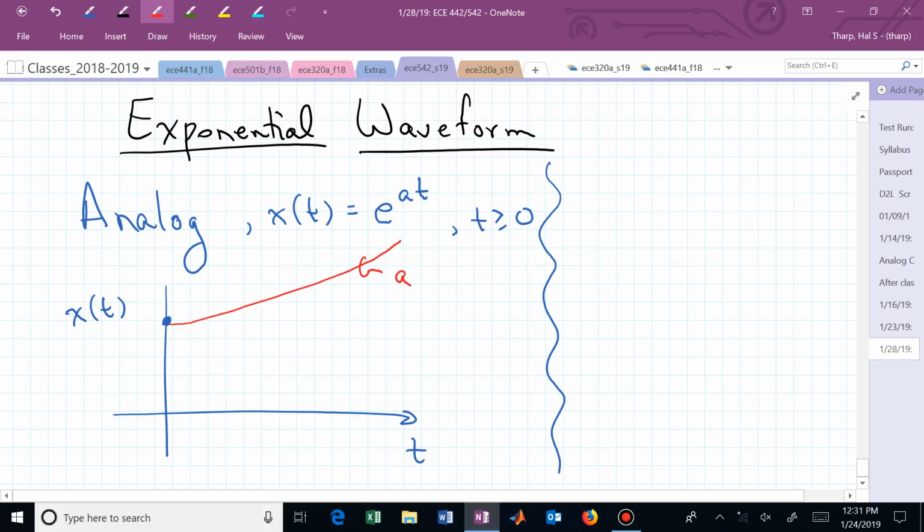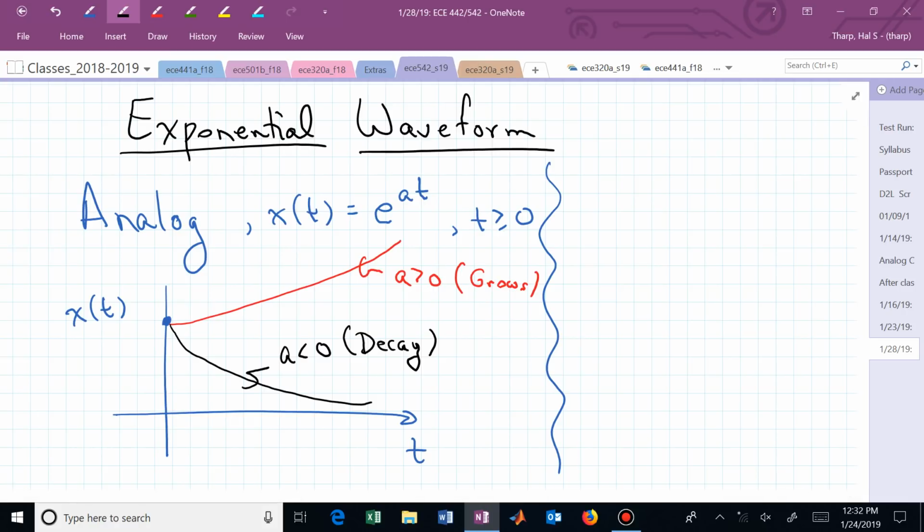This is now a greater than 0, and so now our exponential grows. If a is less than 0, now we have this exponential decay that you were probably thinking of more so than that exponential growth scenario. But what is the Laplace transform of this exponential?